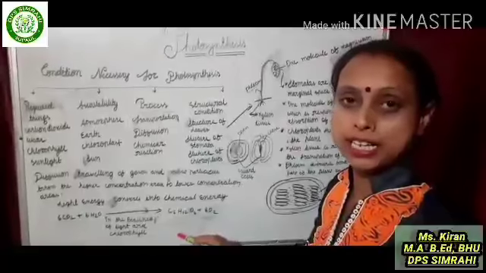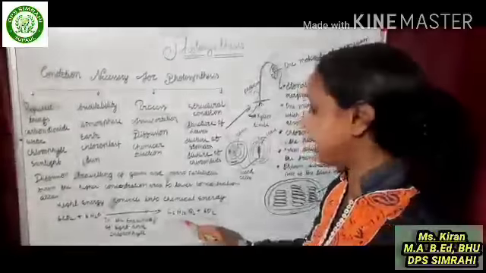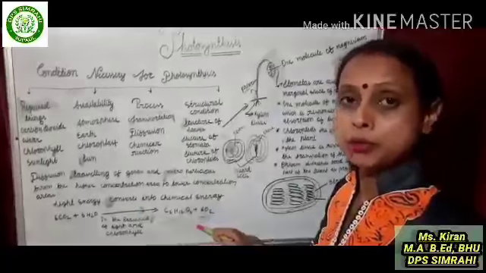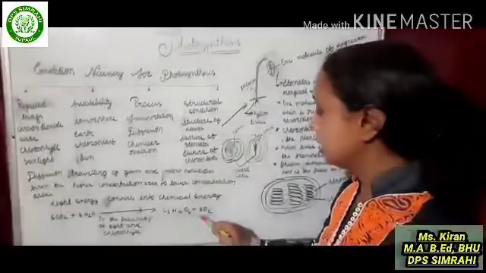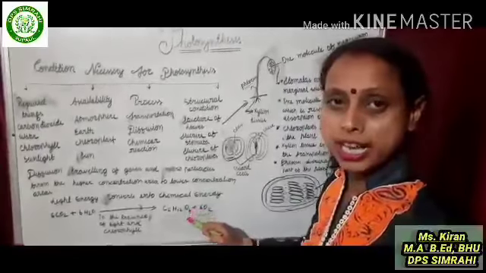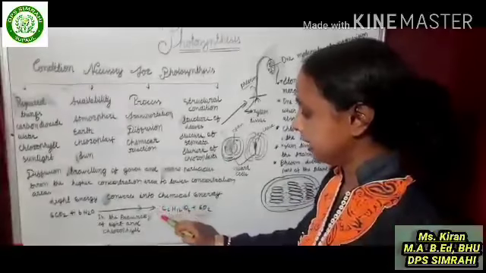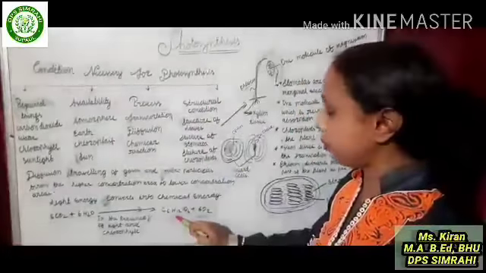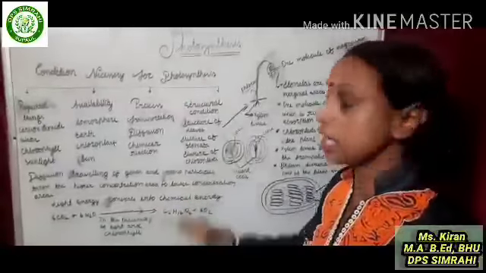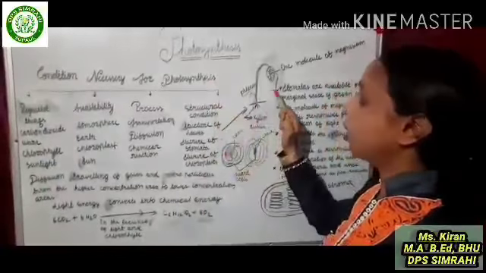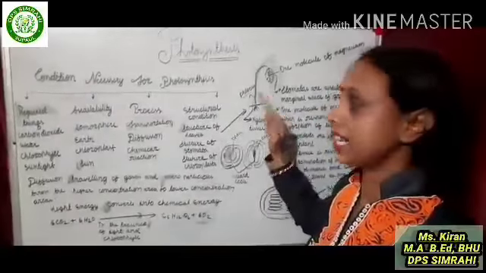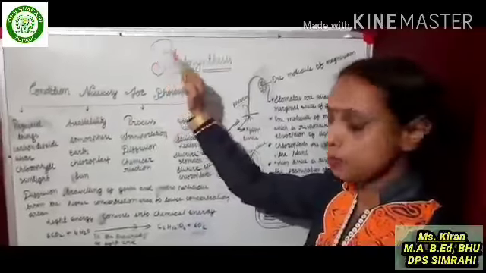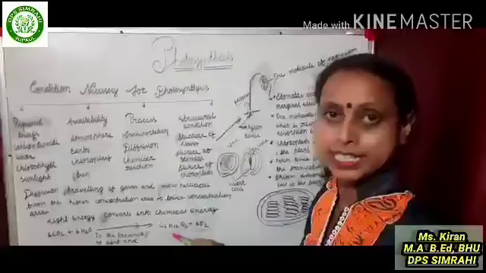This is combinedly called glucose. And one more most important thing is oxygen gas. Glucose is the product, the food of plants, and this process is because of this.